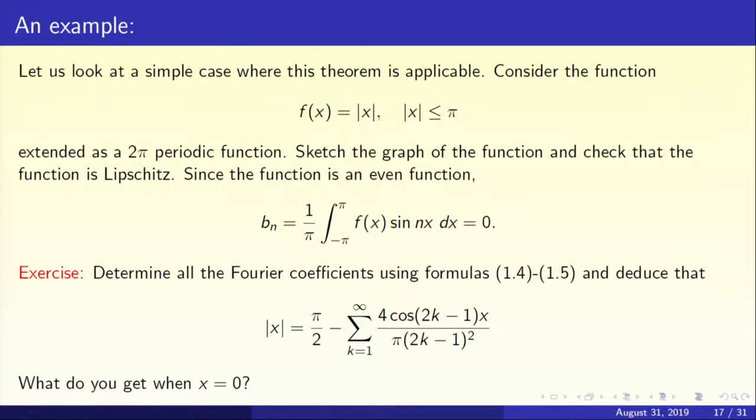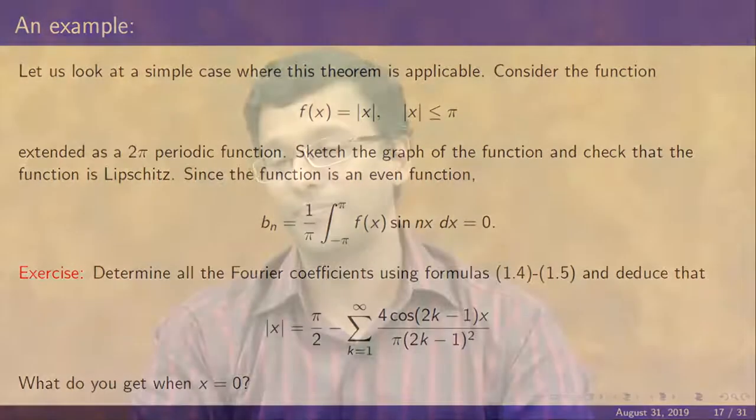Namely, the last displayed equation in the slide holds: mod x equal to pi by 2 minus summation k from 1 to infinity of 4 cosine of (2k minus 1) x upon pi times (2k minus 1) the whole squared. This holds for all values of x because the function was Lipschitz.